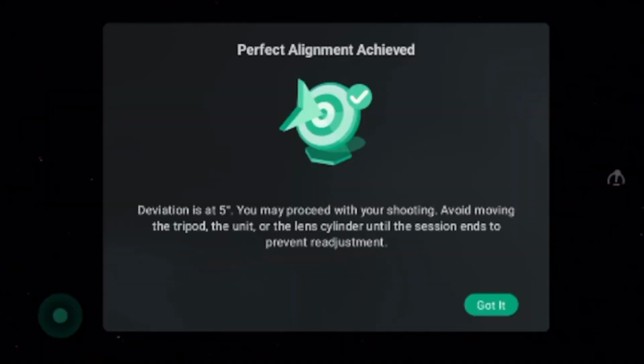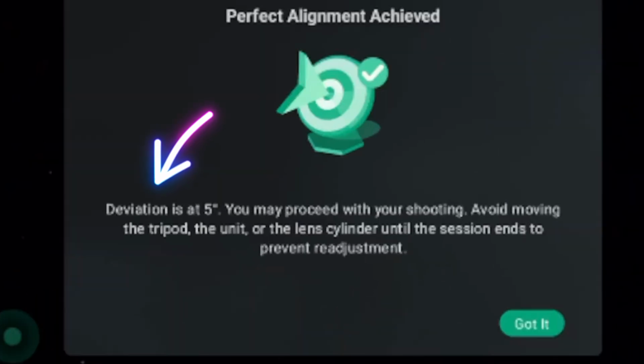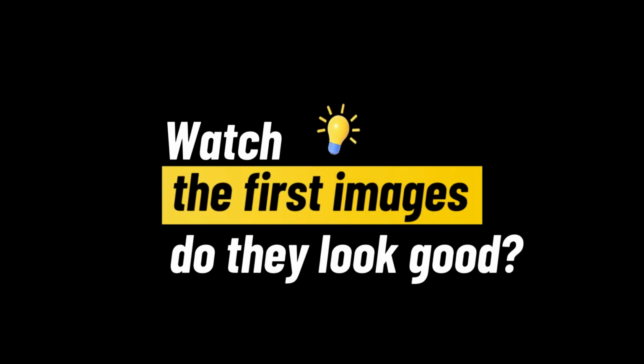If the calibration is not good, most likely it's not going to say perfect alignment achieved. It's always going to be like deviation is at 5 degrees. And I believe now with the new upgrades, that's even lower.